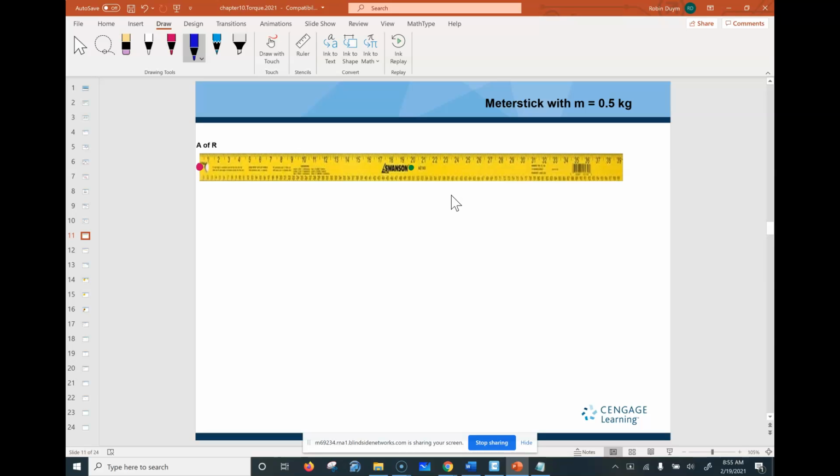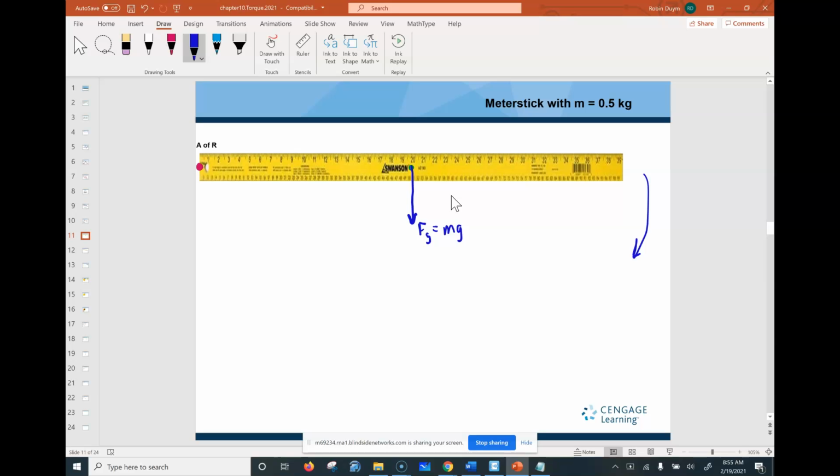So the next few slides are going to be about this little meter stick here. Let's figure out the net torque. We know that if we let go, it's going to go down this way, right? So here's our process. Identify all the forces acting on it. The only force would be the weight, the gravitational force, which is just mg.